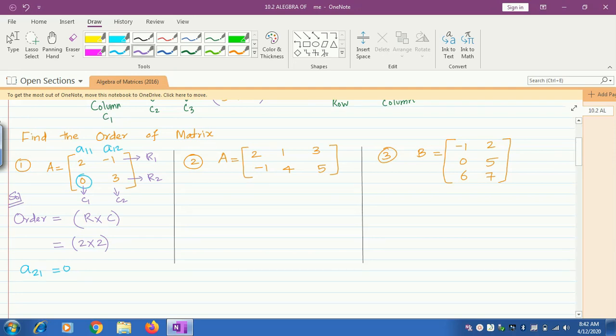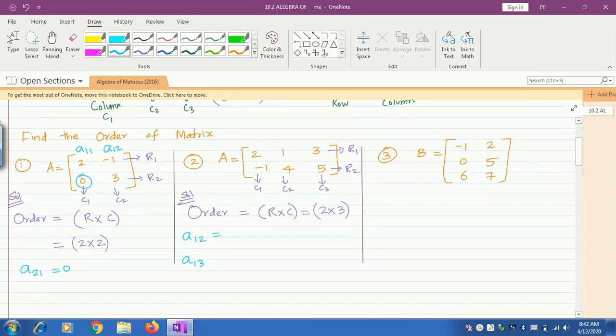Now next one, what is the order here? Order of the matrix A, how many rows do you have? This is R1 and this is R2, and here we have C1, C2, C3. So how will you write? This is R cross C, that is row cross column. How many rows? 2 cross 3. So this is the value. Now if you want to calculate A12, A13, what is this value?